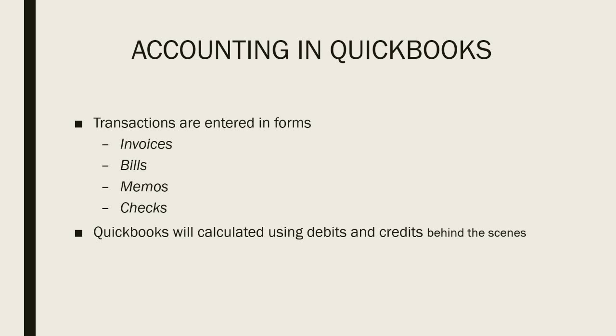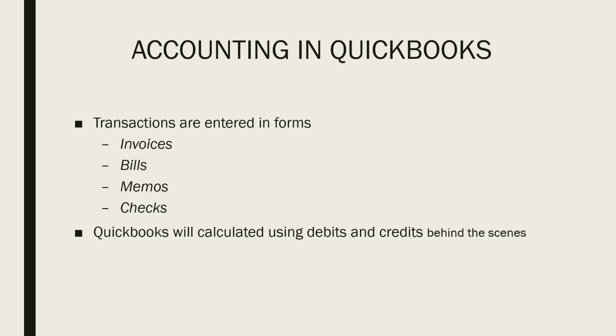Will you get to see it? No. Can you see it? Yes. You can run what's called a journal transaction report that allows you to see where your debits and where your credits go. But that is only if you want to see that transaction. You don't need to if you're the accountant itself and you understand how the flow of transactions works.